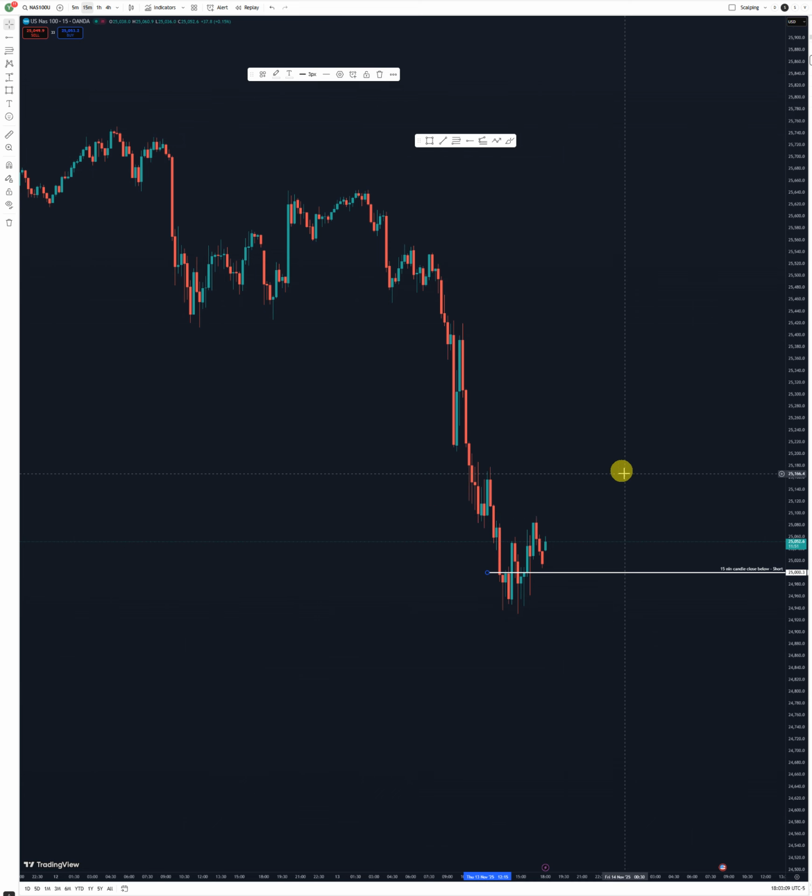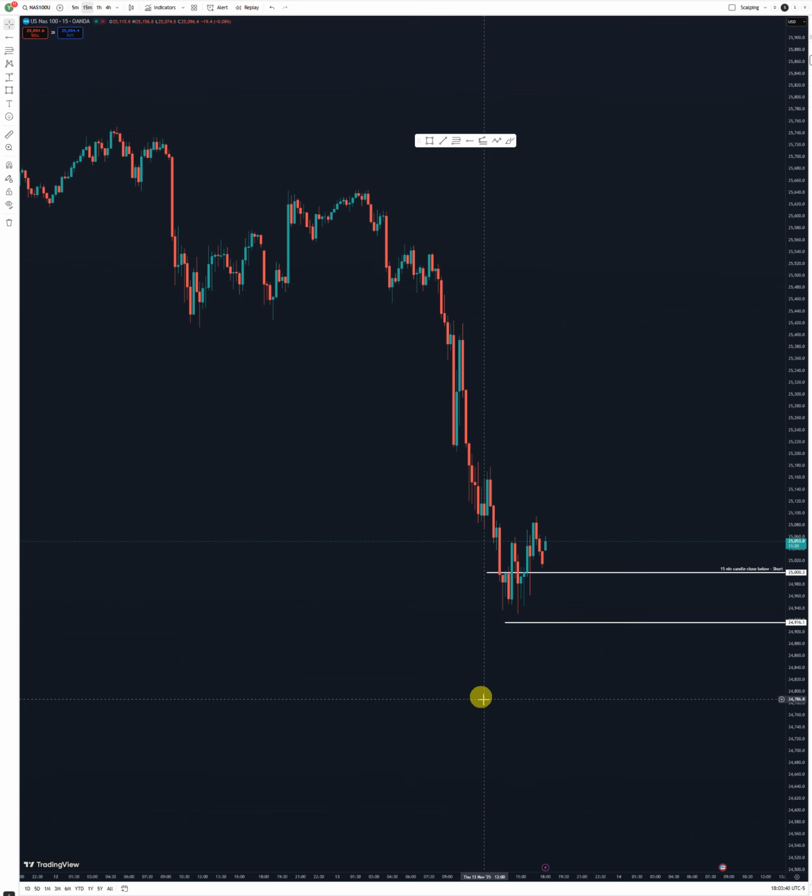Now, if you want to wait for this setup, your targets for take profit will be 24,915, right in here, and then 24,780 would be my other target, somewhere in there.